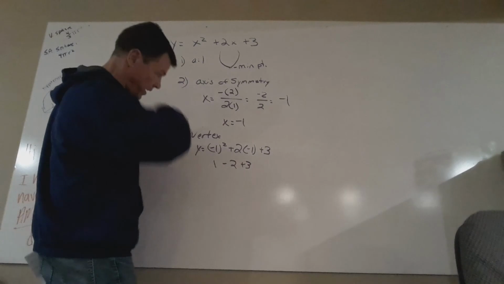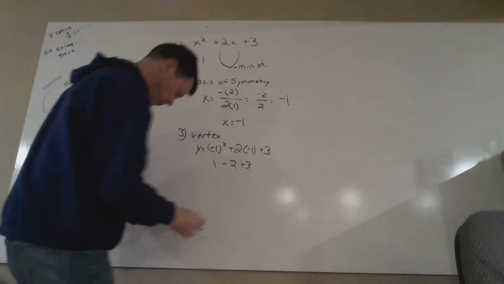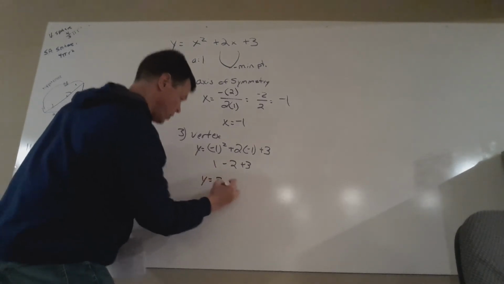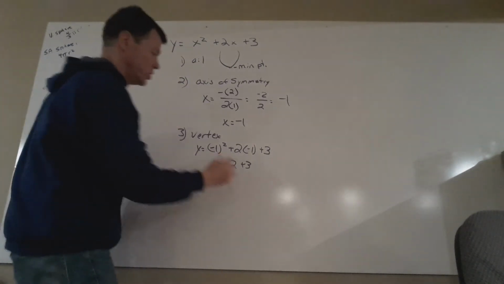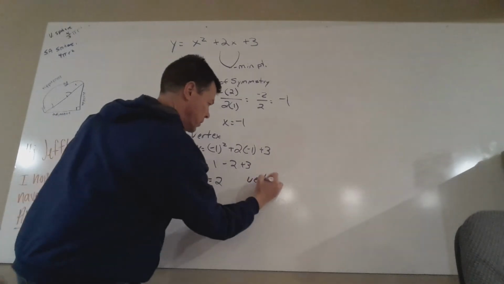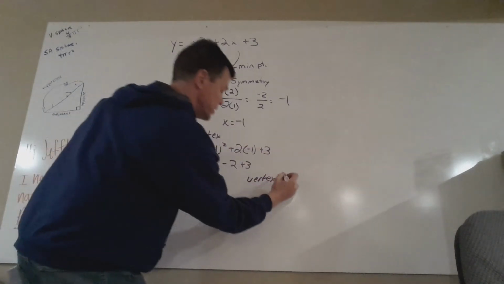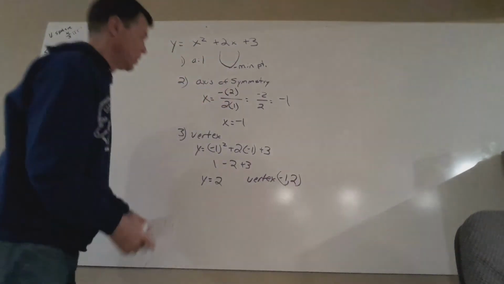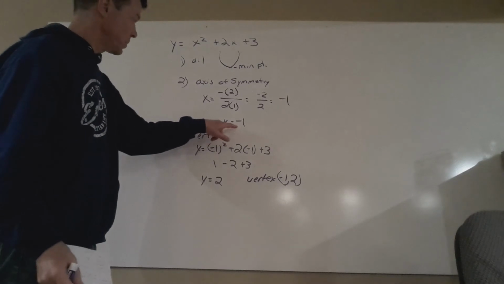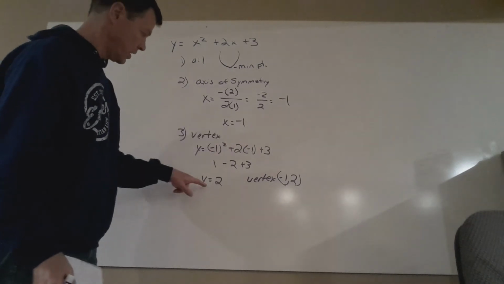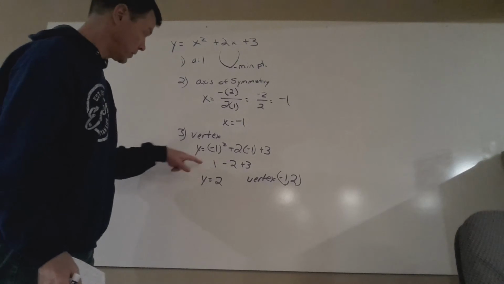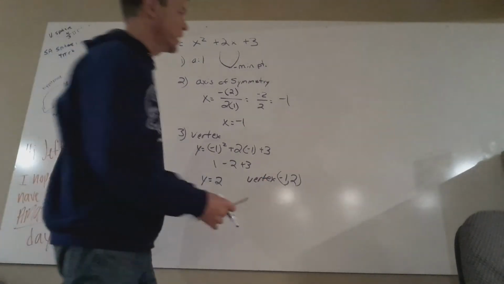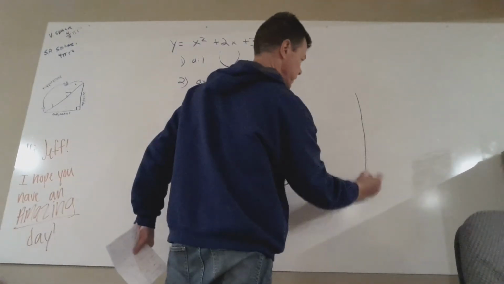Negative 1 plus 3 is just going to be 2. Y equals 2. So your vertex is coordinates negative 1, 2. Vertex is your axis of symmetry, where x is negative 1. Y, after we plug the negative 1 in here, y we get 2. That is your vertex. Graph it.